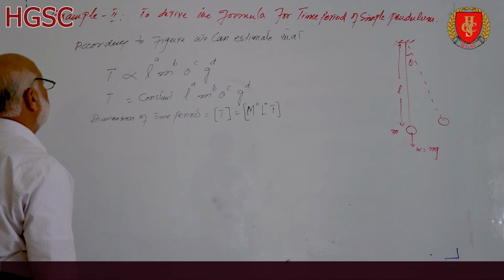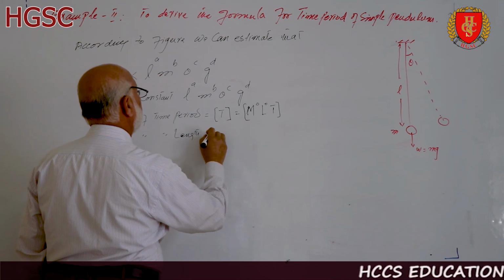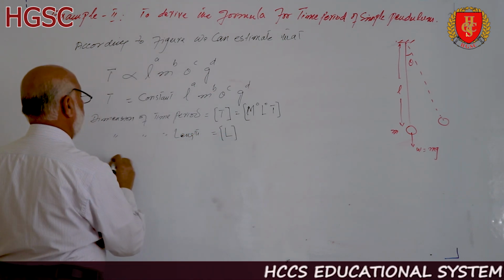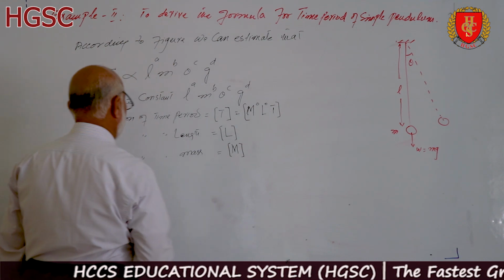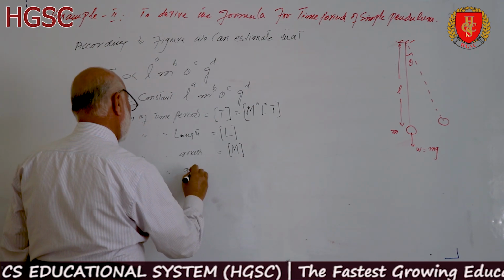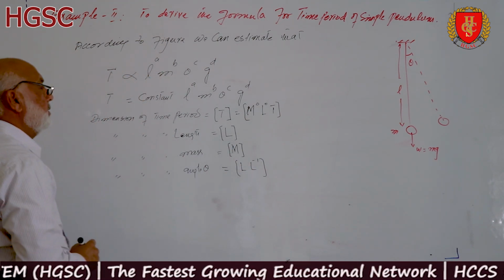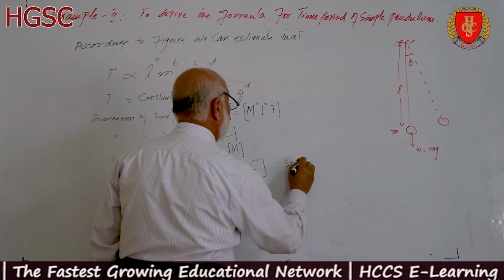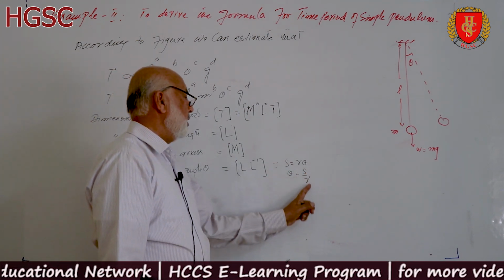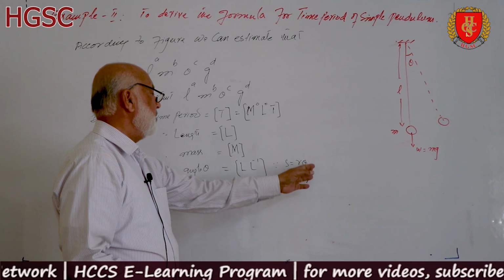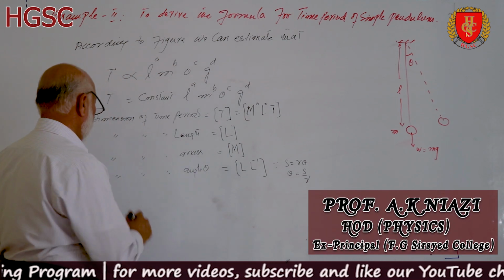This is the dimension of time period, dimension of length, dimension of mass, and dimension of angle theta. Because S is equal to r theta, theta is equal to S over r. S is the distance which is taken in meters and r is the radius, this is taken in meter. So both have the same dimensions, length and length inverse.